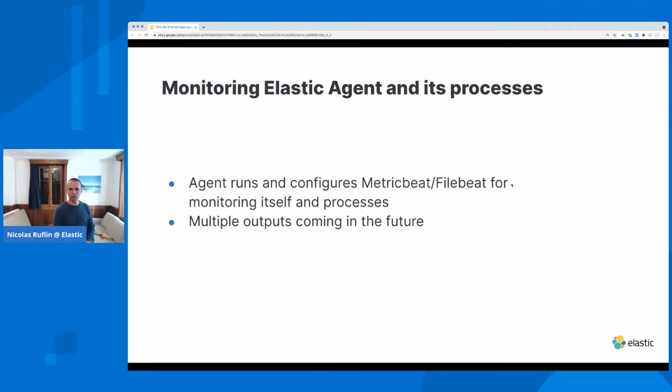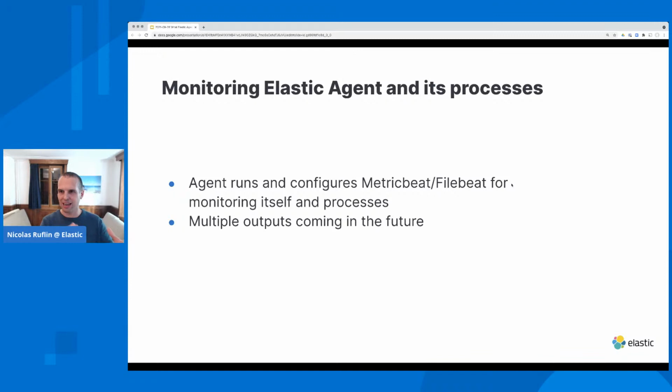So we have all these processes running, Metricbeat, Filebeat, below the Elastic Agent. One important part is we also need to know how these processes are doing. One, for Elastic Agent to kill a process or restart a process if it's not healthy. Second is to actually get metrics and logs on how the processes are doing in Elasticsearch.